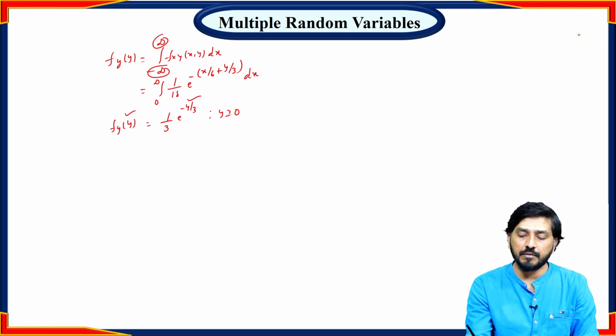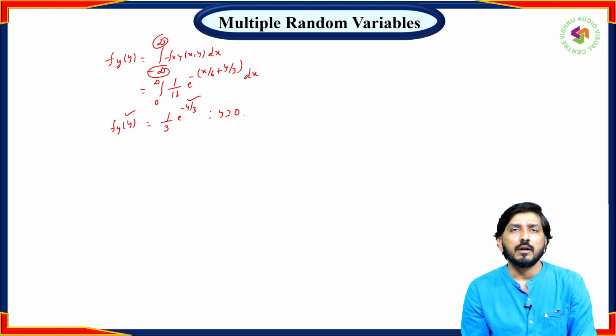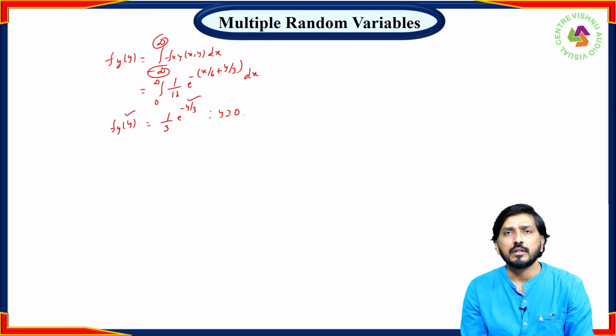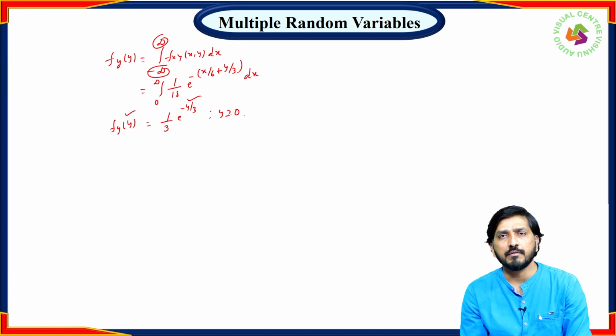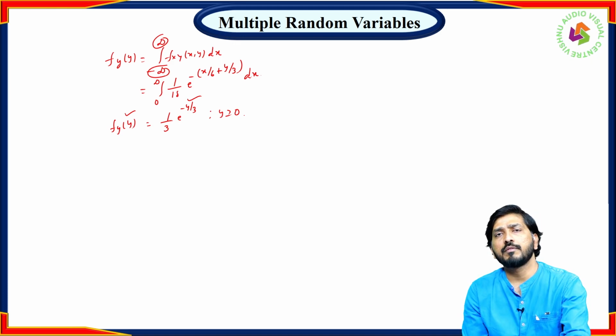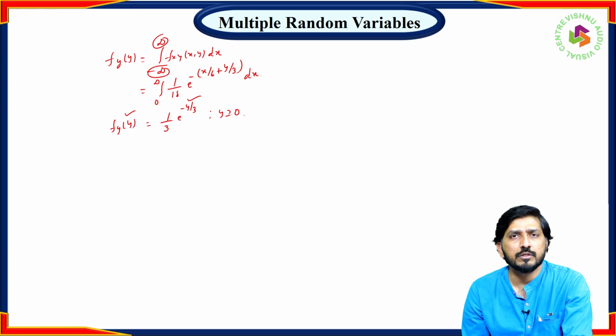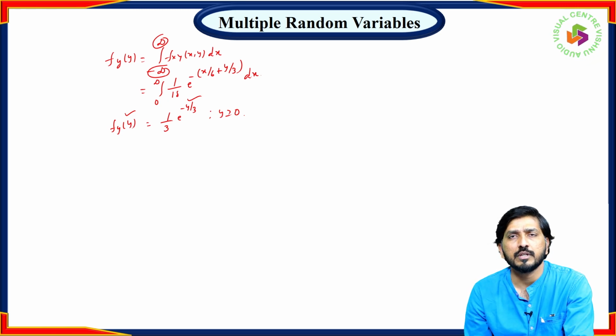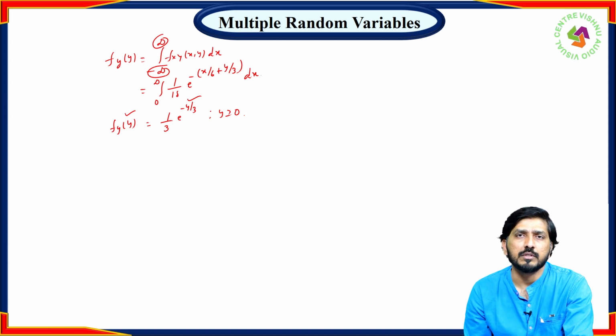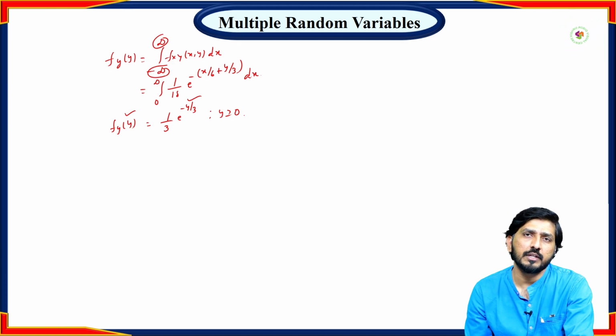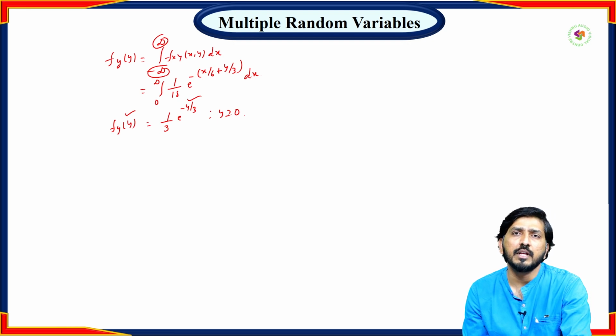So this is the way we find the behavior of the random variables X and Y, that is, multiple random variables. If they are discrete, we go for the joint distribution and marginal distribution function. If X and Y are continuous random variables, then to find their behavior we go for density functions, joint density functions, and marginal densities in terms of x as well as y, which give the behavior of the random variable.